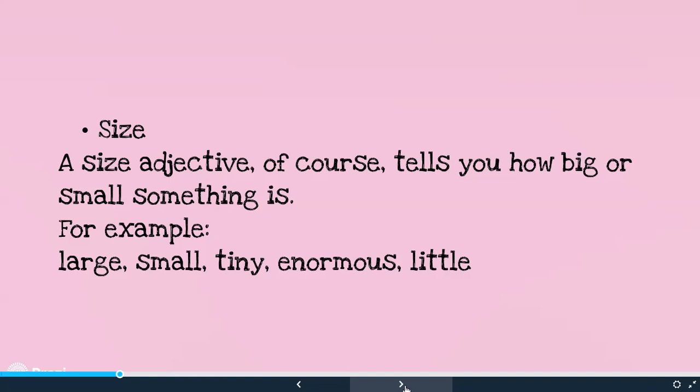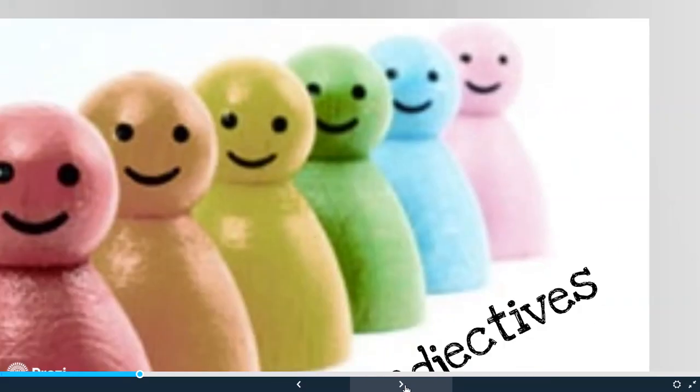So these are adjectives you can use to describe the size of something. So the first adjective we use is the opinion, the second is the size. Let's take a look at the third one.